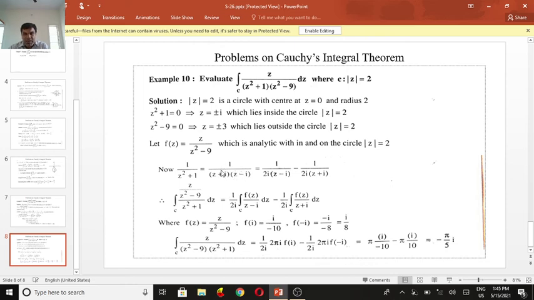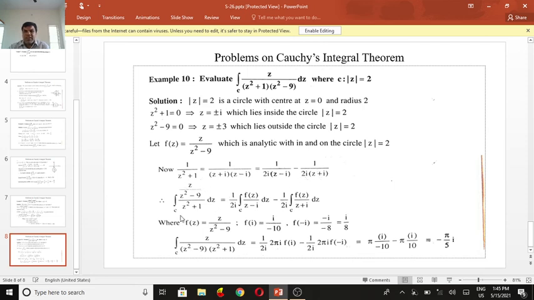Using partial fractions, we get a by z plus i plus b divided by z minus i, with a equal to 1 by 2i and b equal to minus 1 by 2i. So we get 1 divided by 2i (z minus i) minus 1 divided by 2i (z plus i).